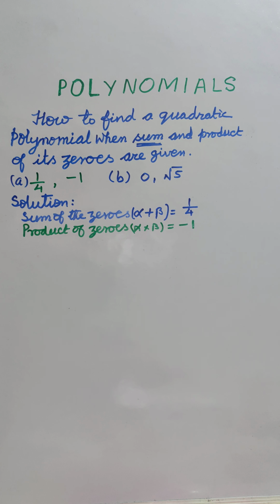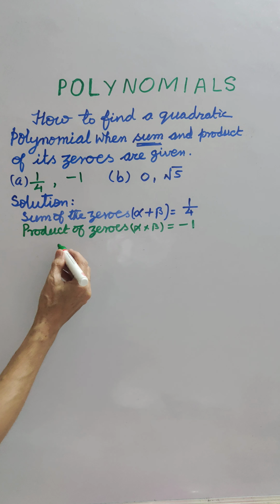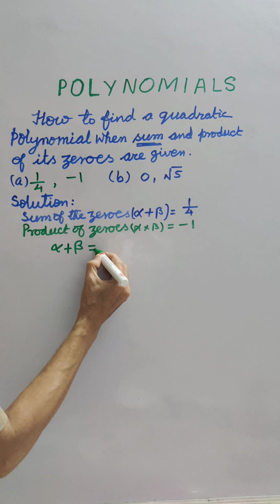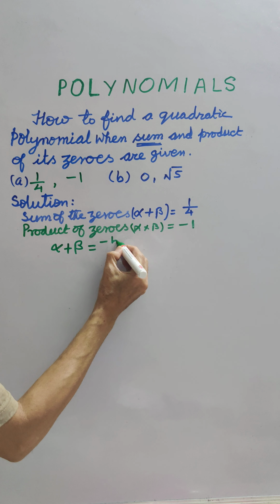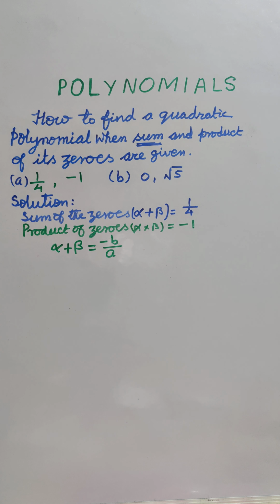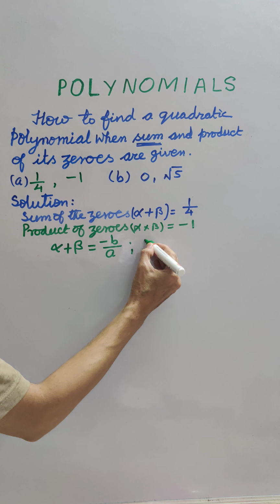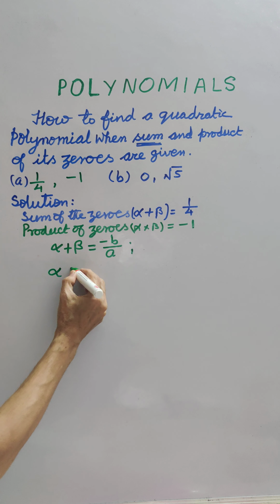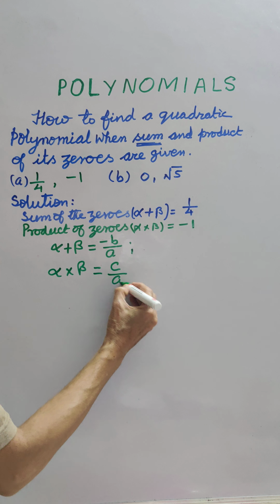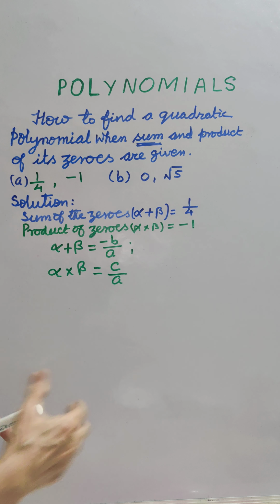By another method, sum of the zeros is known as alpha plus beta. We know that alpha plus beta is equal to minus b upon a, and alpha into beta is c upon a. So this way alpha plus beta is given 1 upon 4.